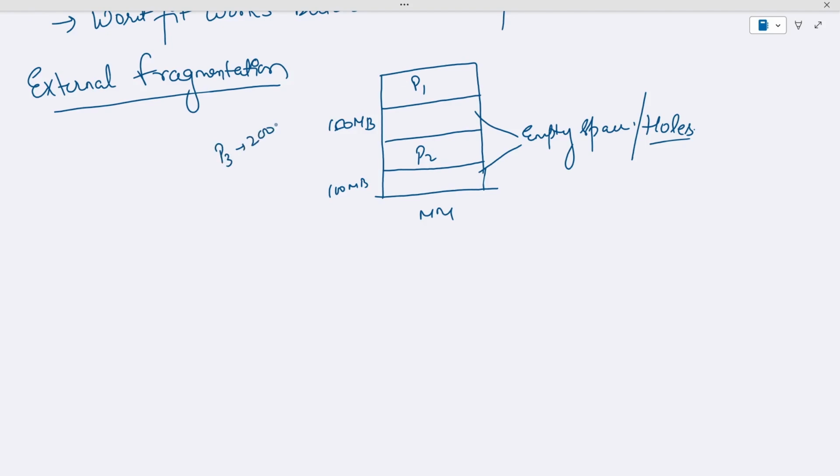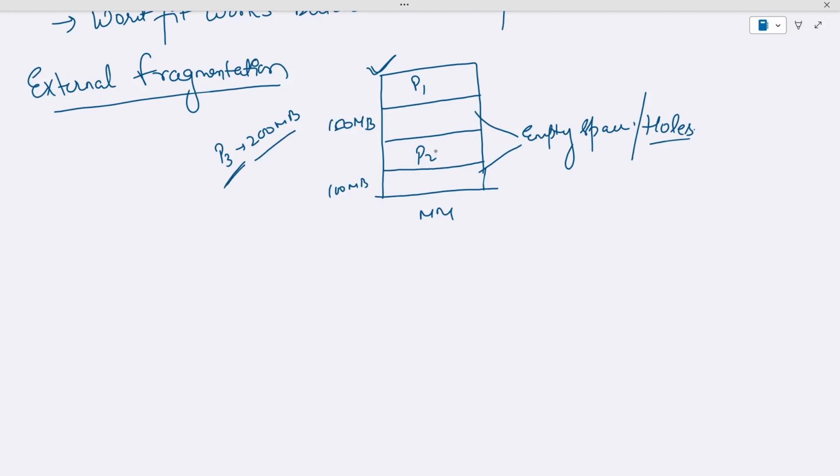P3 needs 200 MB of space. Does P3 get the space in this main memory? The answer is no, because this block is of 150 MB and the last block is of 100 MB. So there is no block of 200 MB, and P3 is not able to get the space.